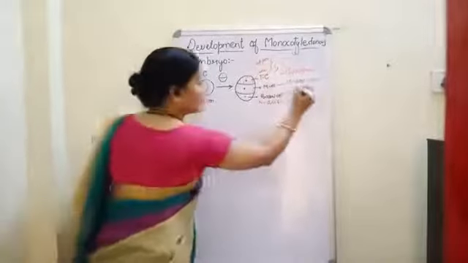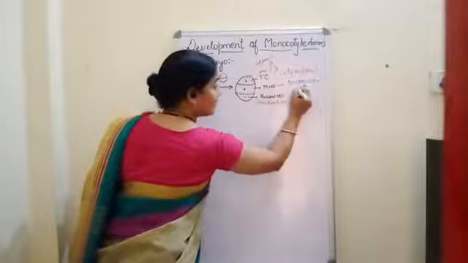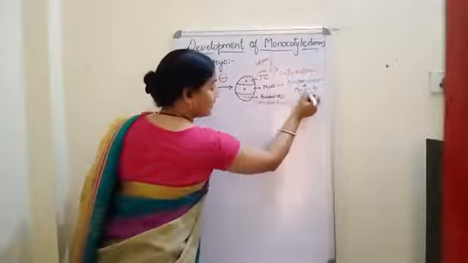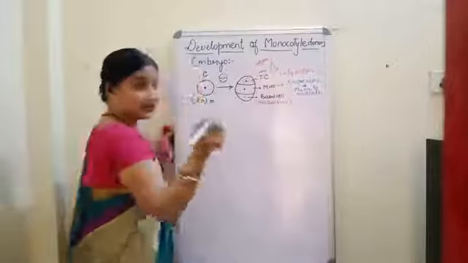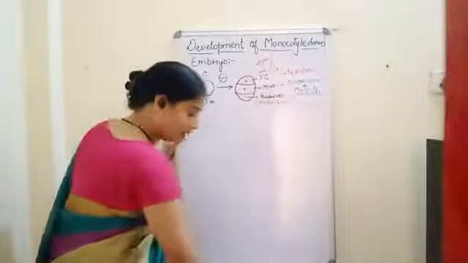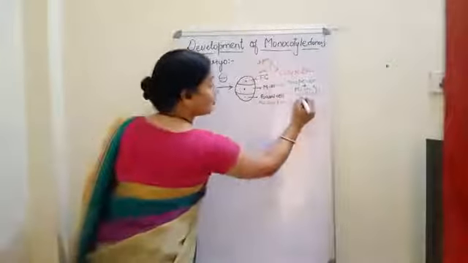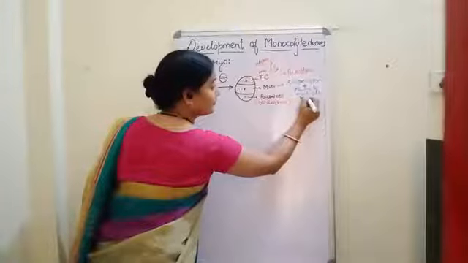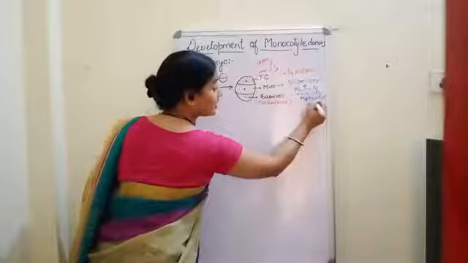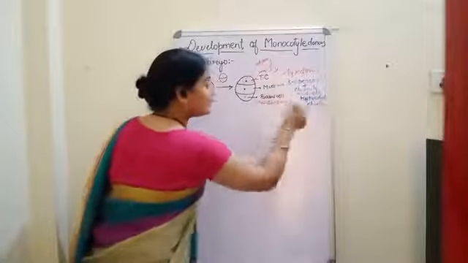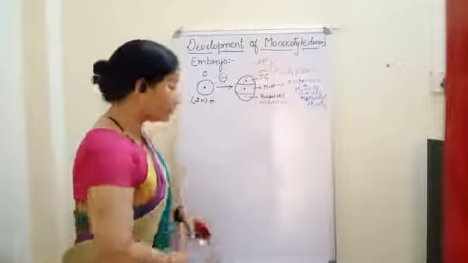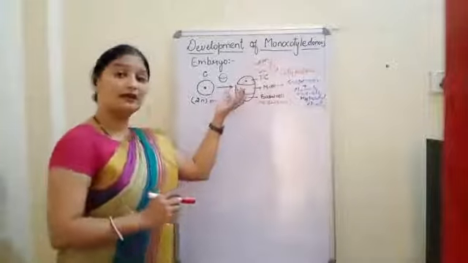Along with the suspensor, it will give rise to plumule, radicle, that is covered by coleorhiza and coleoptile, and after that hypocotyl, epicotyl, whatever things are there for the embryo. Each and every part will be developed from the middle cell.